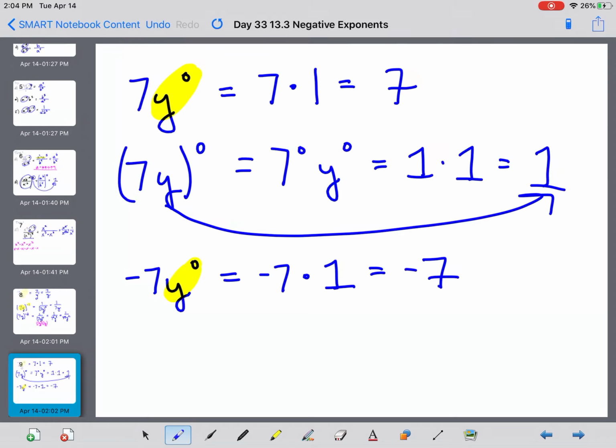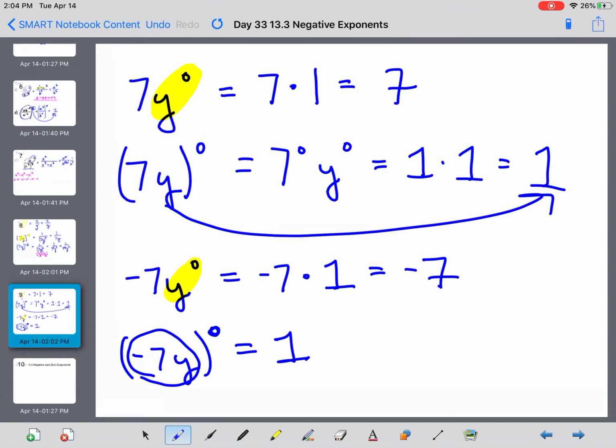And then lastly, what if it was negative 7y, that entire quantity raised to the 0 power? So again, if that whole thing is getting raised to the 0 power, that would just give me 1.